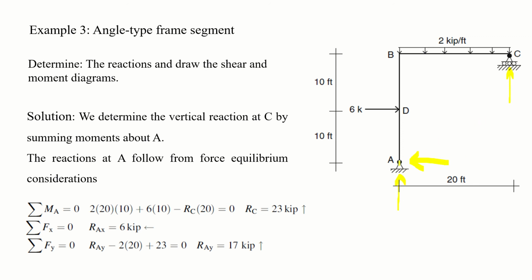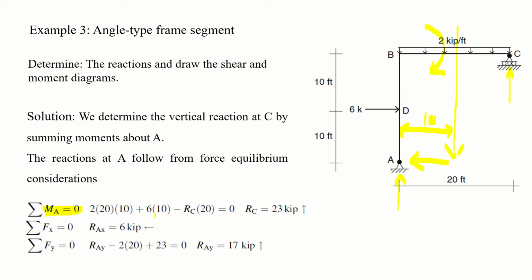So it simply says that take summation of moment about A is equal to 0. So both these reactions will be 0 because both are passing from here, and you will get the reaction at C. Okay. So taking moment about A is equal to 0, and you have this force 2 into 20, acting at the center, at 10. So 2 into 20 into 10 is this bending moment which is acting in the clockwise direction.